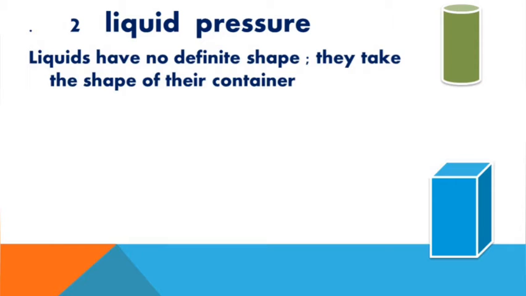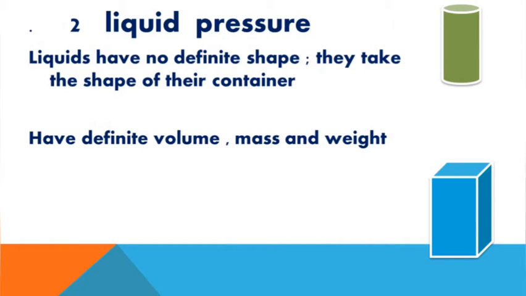The properties of a liquid. The first one, as you can see, liquids have no definite shape. Rather, they take the shape of their container. So when you change the container, the shape of the liquid will resemble the container.